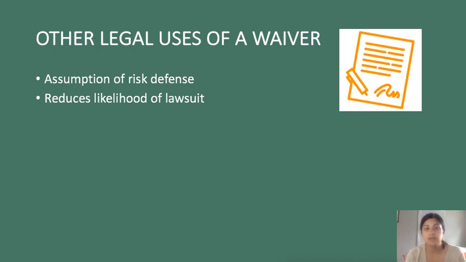They don't necessarily understand that there are caveats to that, or that there are situations where a waiver could be thrown out. So you'll find some states that are known for throwing out waivers in courts where recreation facilities still enforce waivers because they know that that's going to reduce the likelihood of someone actually filing a lawsuit.